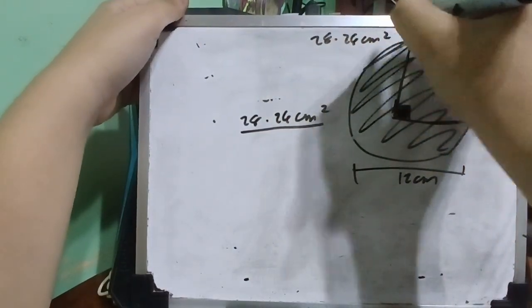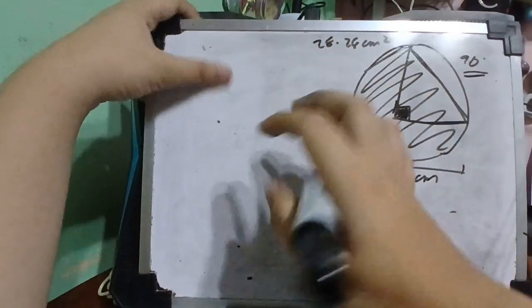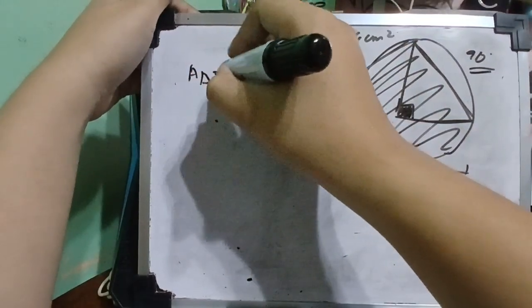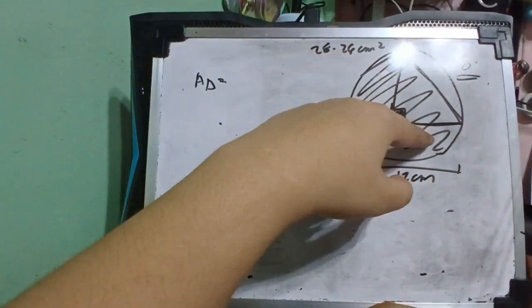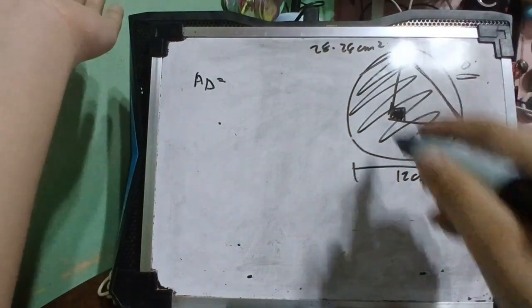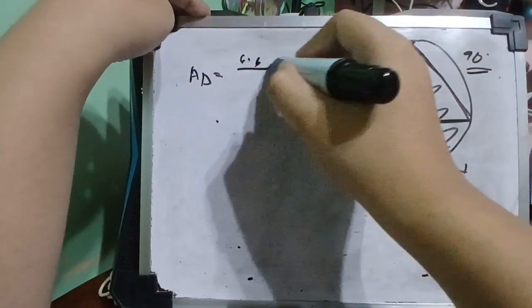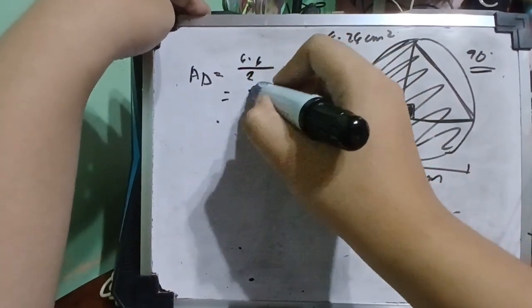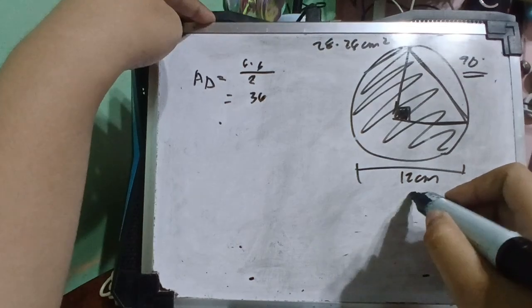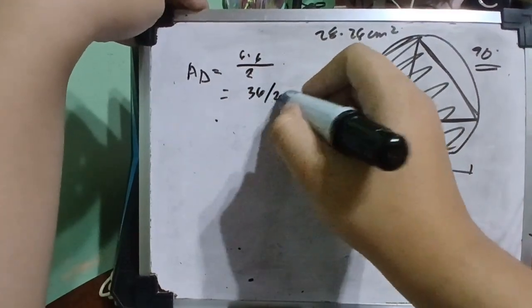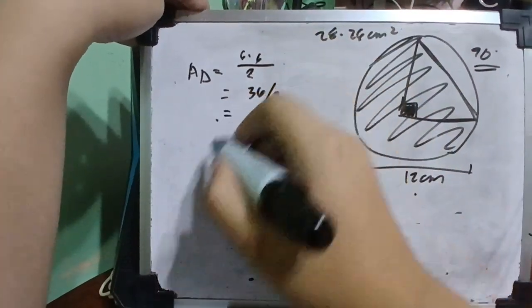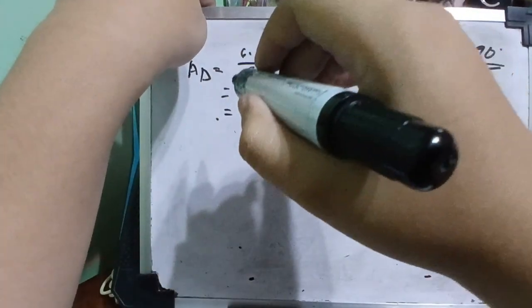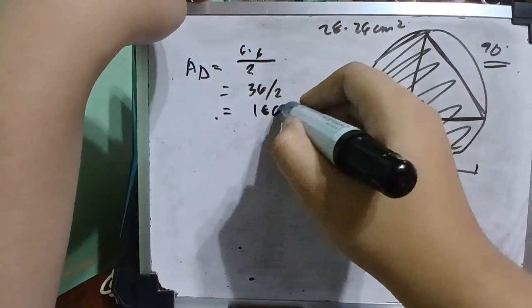28.26 cm squared. Next, let's find the area of our triangle. This is easy because this is our base and height, and they're both radii. They're on the side. So it's 6 times 6 over 2. Where did I get the 6? The radius. So 36 divided by 2 gives us 18 cm squared.